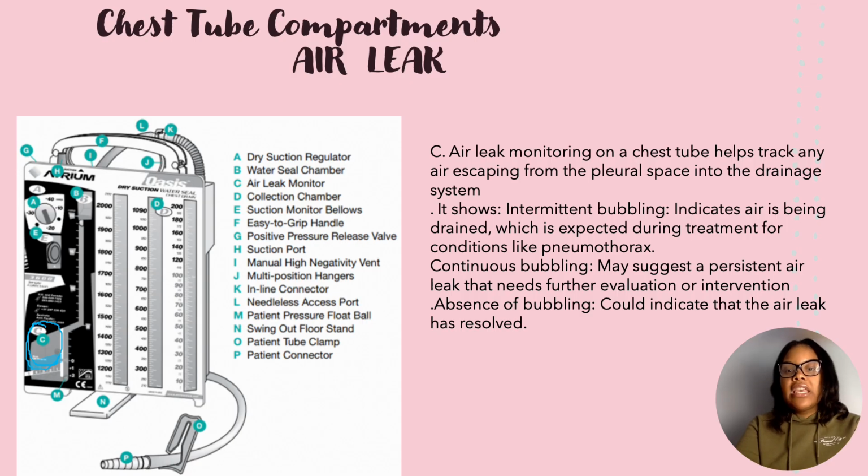So if you see intermittent bubbling, it indicates that air is being drained, which is expected if the patient has a pneumothorax. In this area, if we see intermittent bubbling, just like I talked about, because remember, this is still the water seal chamber, if we see intermittent bubbling in this big part, then that's expected if that patient has a pneumothorax.